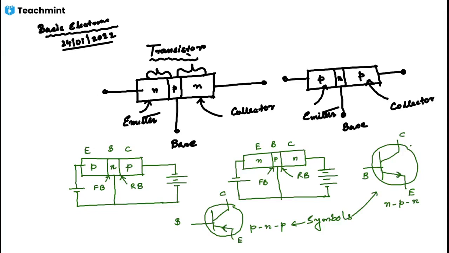For NPN, the arrow will be towards the emitter, that means it is leaving the circuit. And for PNP, it is inward to the base, that is from the emitter to the base. And for NPN, it is from the base to the emitter. So that is very much important.